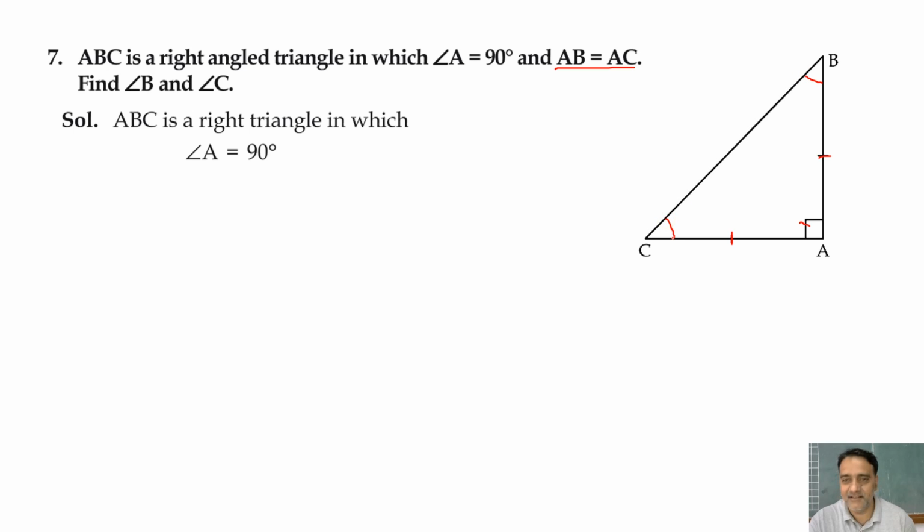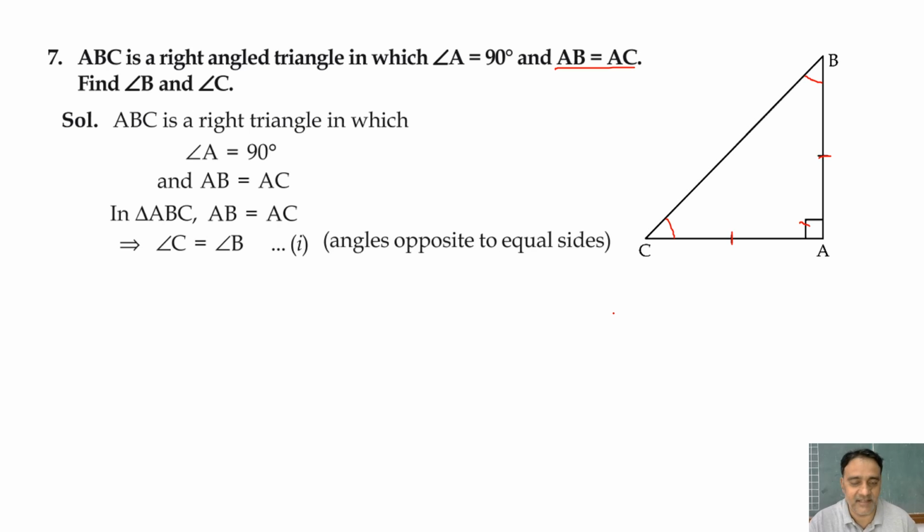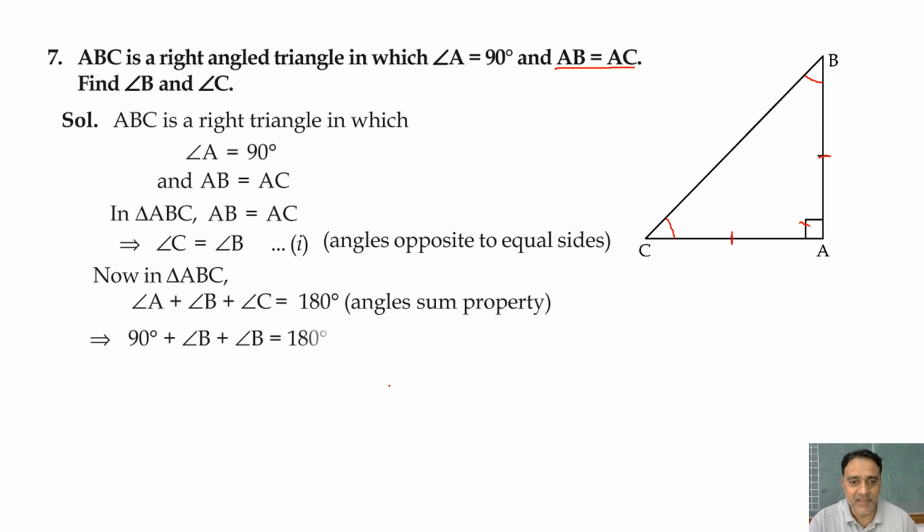Why? Angles opposite to equal sides. Very good. Now in this triangle, what is the sum of all these three angles? 180 degrees. Angle sum property of triangle. Right. So we'll substitute 90 degree in place of angle A and angle B in place of angle C.